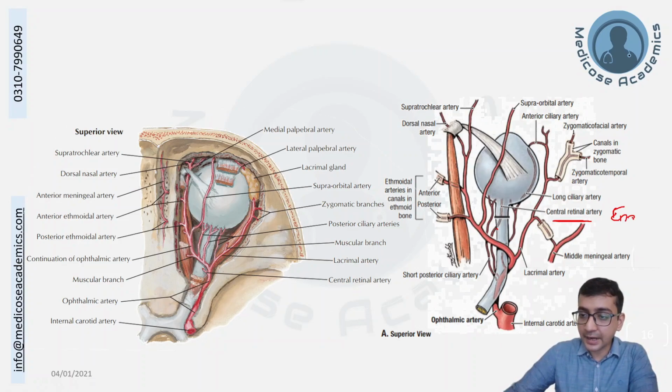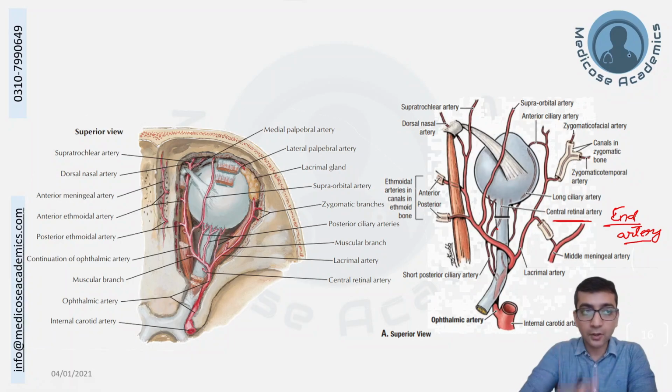And the very important thing to remember is that the central retinal artery is an end artery. It does not have any connection to the other arteries that are going to the eyeball. So if that occludes, you are done. The retina stops functioning. It goes under ischemia and blindness follows. So this is the end artery, the central retinal artery.